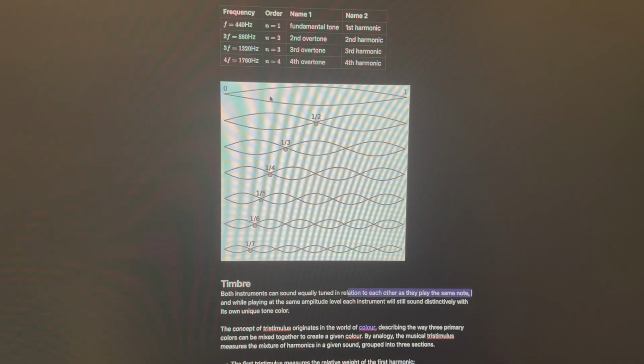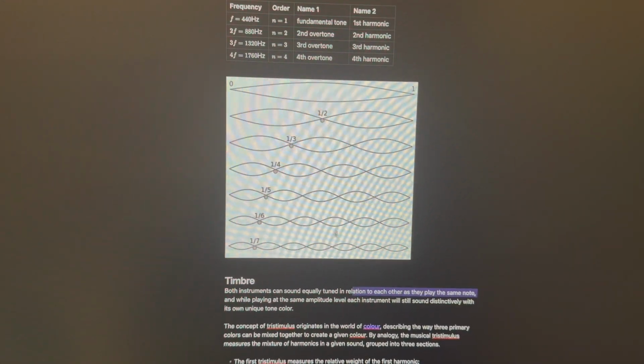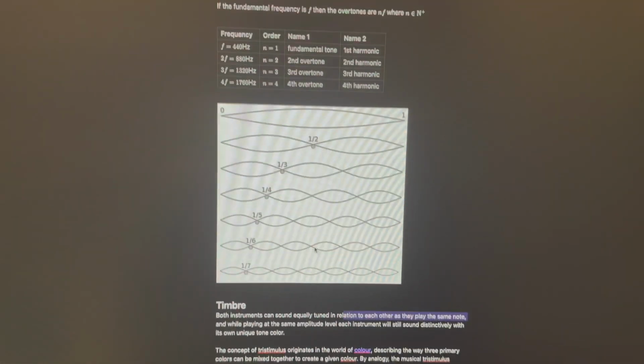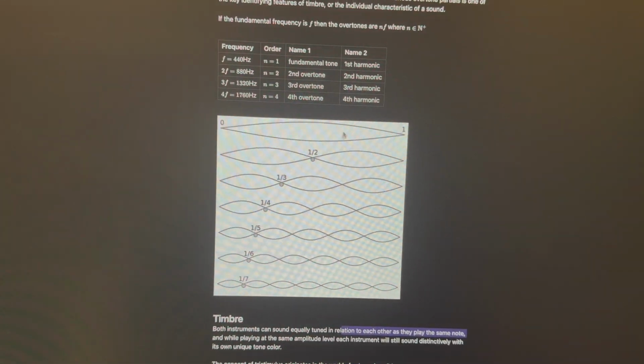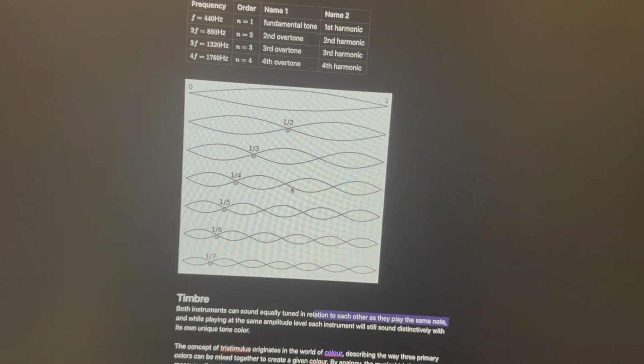So in this example, we have the fundamental frequency, first overtone, second overtone, third overtone, fourth overtone, etc. What is effectively happening is that certain instruments have a different relative amplitude for their third overtone.